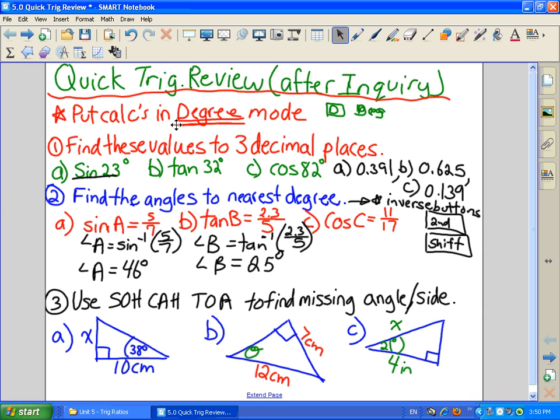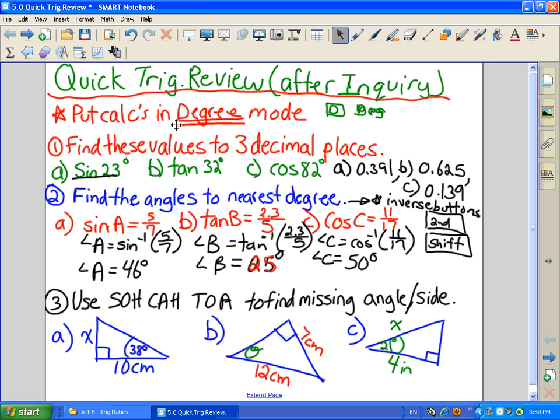Okay, just making sure you know that's 25 degrees. Okay. All right, C part. To find angle C, that equals the cos inverse of 11/17. Plug that in your calculator. Angle C equals 50 degrees.